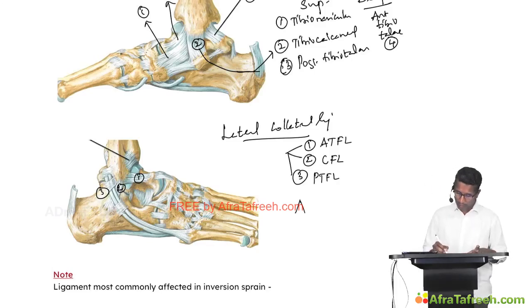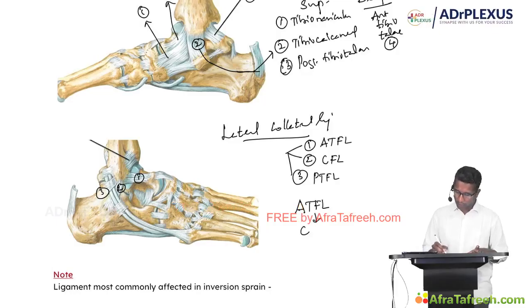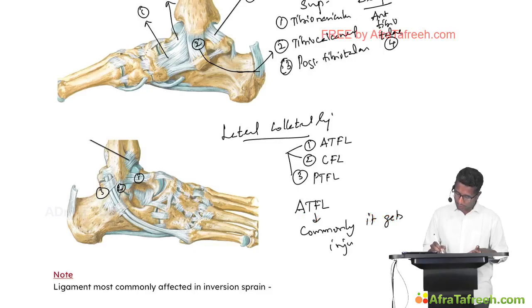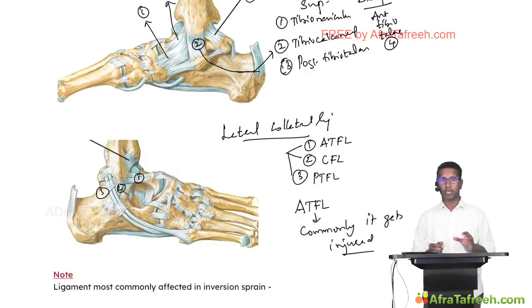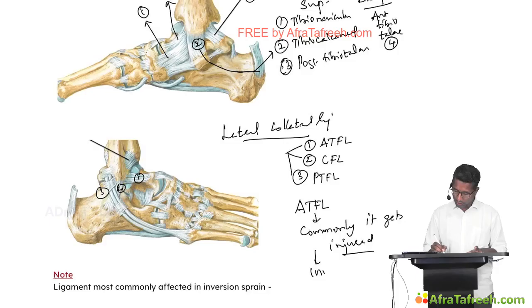And this is the anterior talofibular ligament, which commonly gets injured. It is the most commonly injured ligament in the ankle, especially in an inversion type of injury.